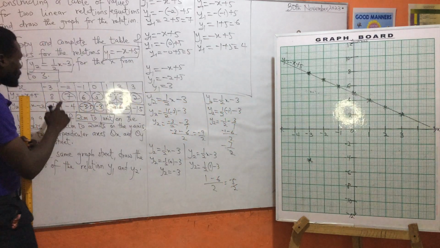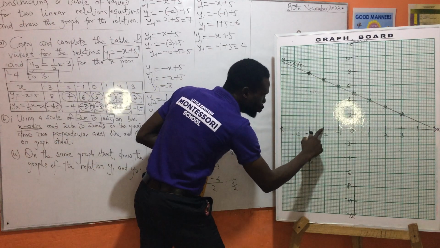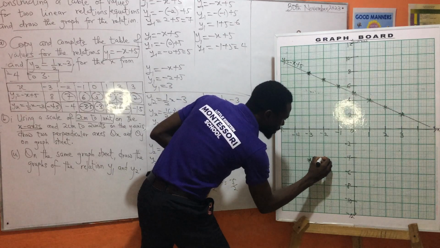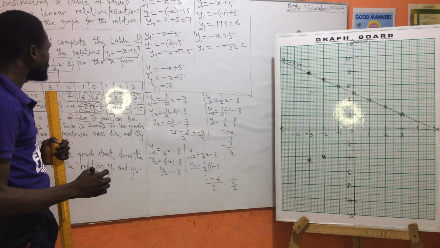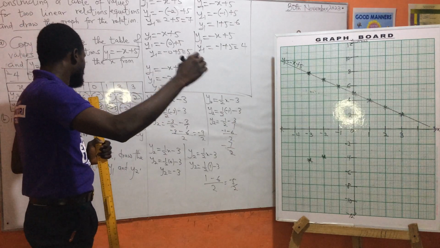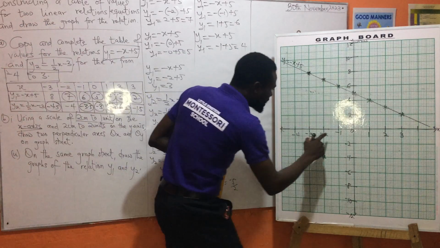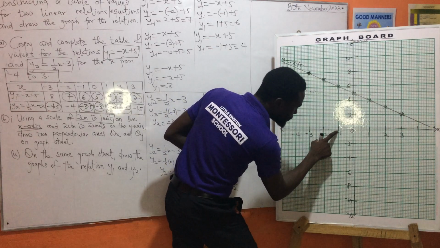Then the next one, negative 2, 4. So negative 2, 4. Yeah. The next one is negative 1, negative 3.5. Negative 1, negative 3.5.